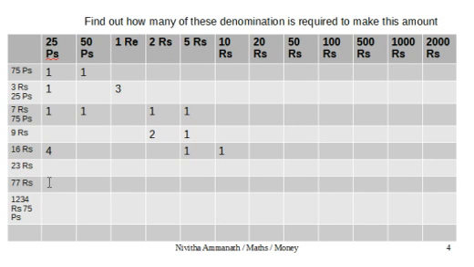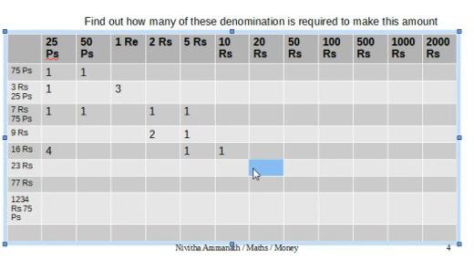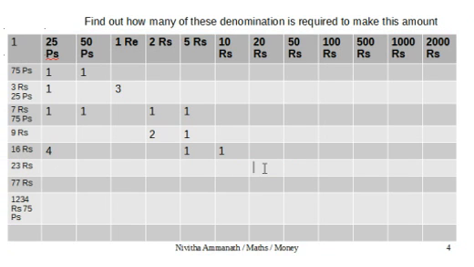Suppose you want 23 rupees. Then what do we do? We take a 20 rupee note, and then 1 2 rupee note, and then we don't have a 1 rupee note. Then what do we do? We take 2 50 paisa coins. If you take 2 50 paisa coins it is 1 rupee, this is 2 rupees, total 3 rupees, 3 plus 20 rupees is 23 rupees.